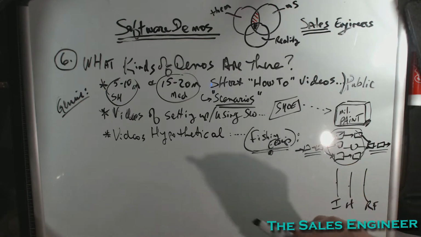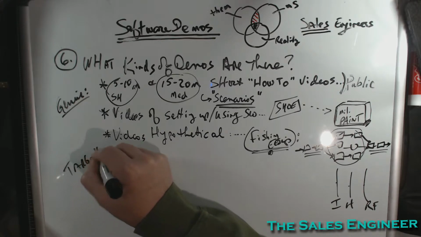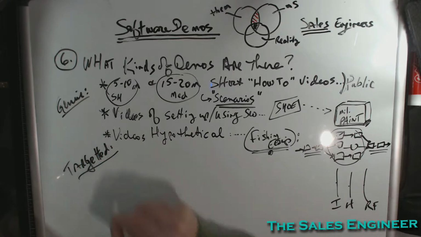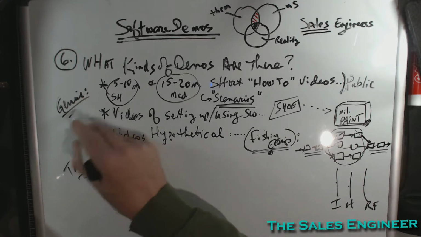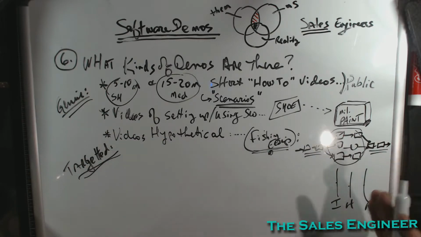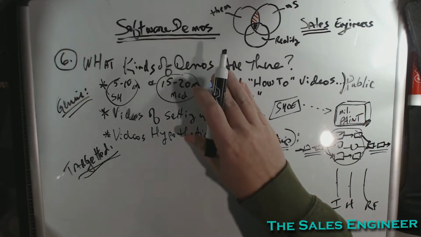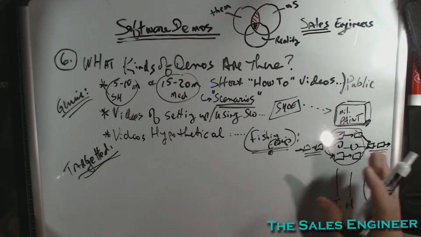So targeted is the opposite, or the evolution of generic, where now we're starting to take into account the prospect, just like we said. But instead of being as specific as a vertical, maybe it's a little bit more specific. In some cases, you'll start with one and you'll go to another. I don't like those.